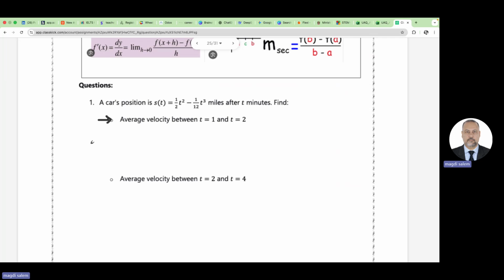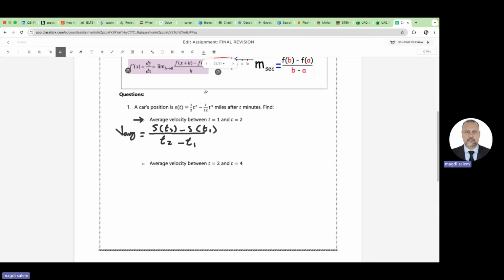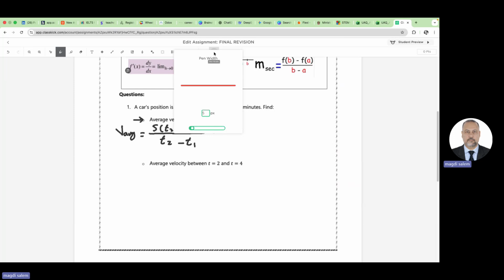We know the formula: V average is equal to S of T2 minus S of T1 divided by T2 minus T1. So once you use substitution, instead of T by the first number and instead of T by the second number, you can find the average velocity.